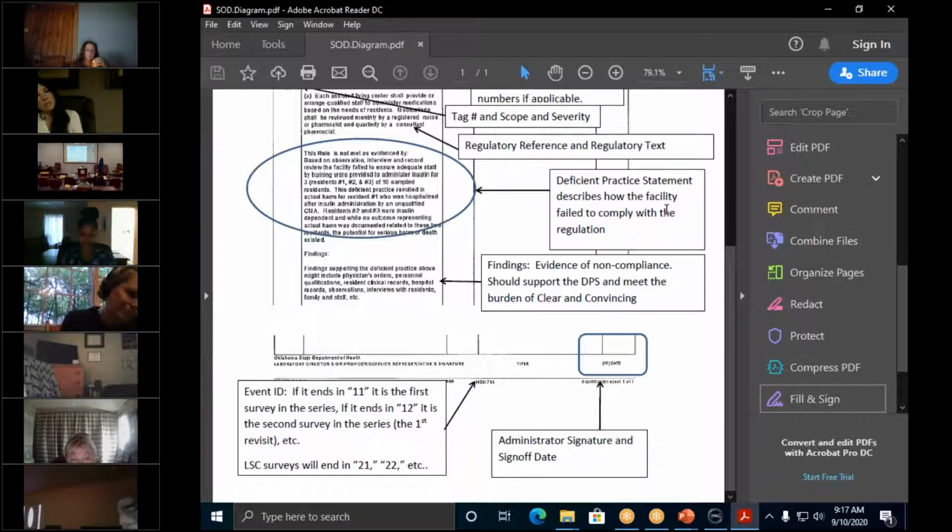Now, we ask, more than any other time, that when you send in your plan of correction, you actually tell us the name of your facility in the subject line, the date of the survey, and the survey event. Because every single survey that we go out on has its own event number, and it makes it way hard for us.